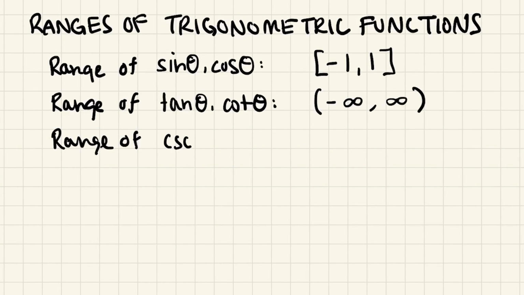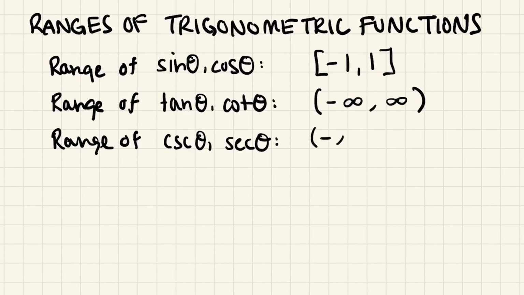Well, that leaves cosecant and secant, but those are the reciprocals of sine and cosine. So if you take a number that's between -1 and 1, and you take its reciprocal, you're actually going to get a number that's specifically outside that range. So you'll get everything but those numbers.